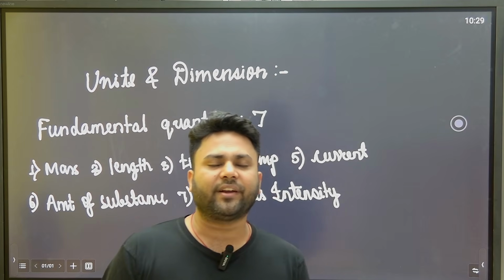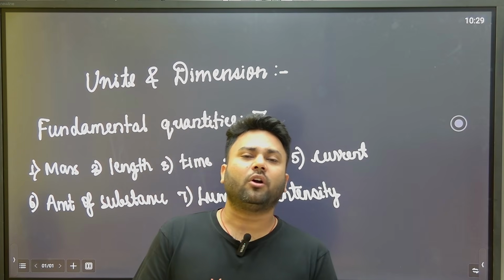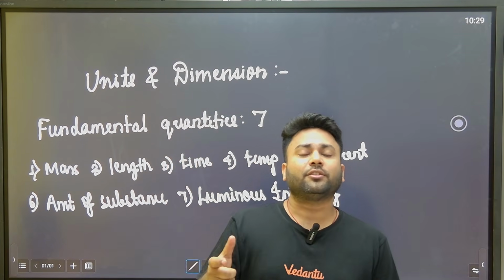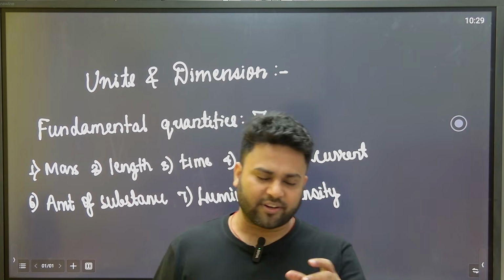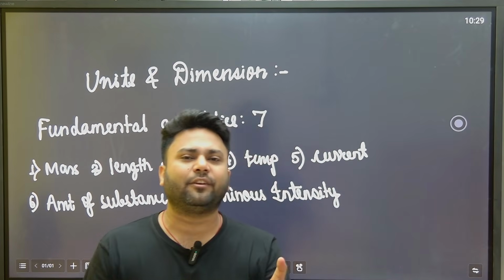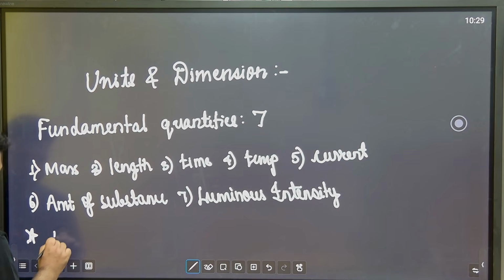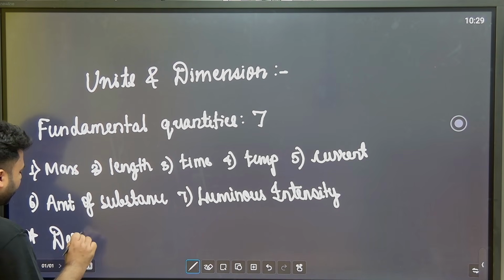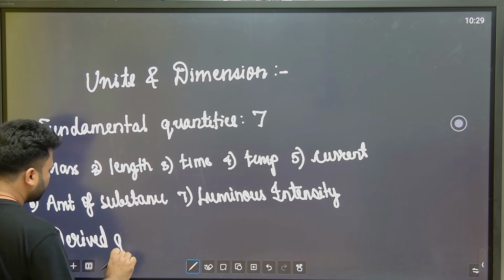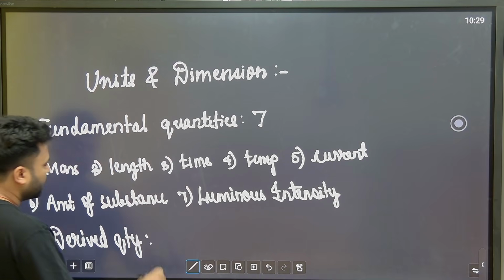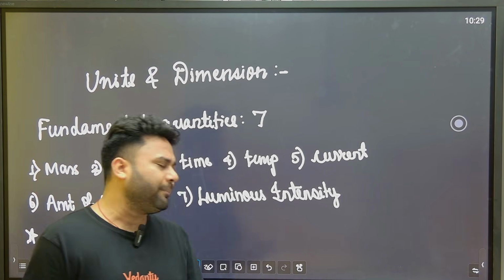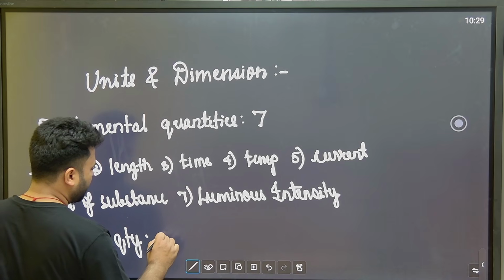What are fundamental quantities? The quantities which do not require other quantities to define them. There is another kind of quantity which is called derived quantity. For just one example I am going to take area.